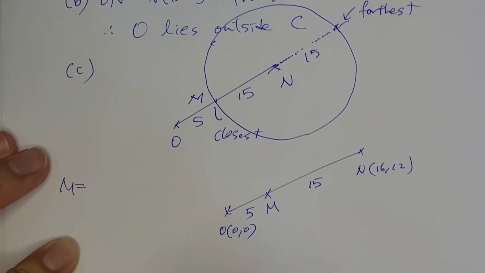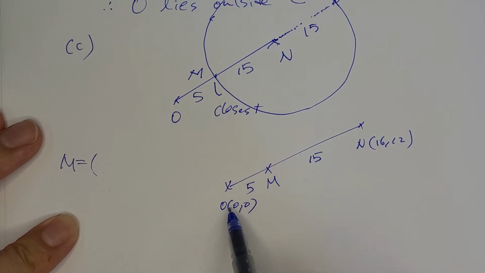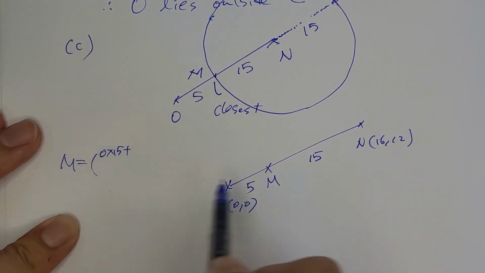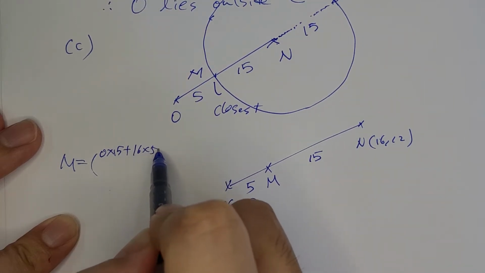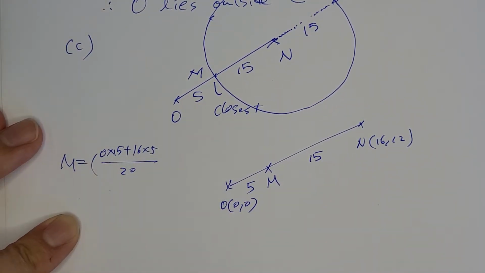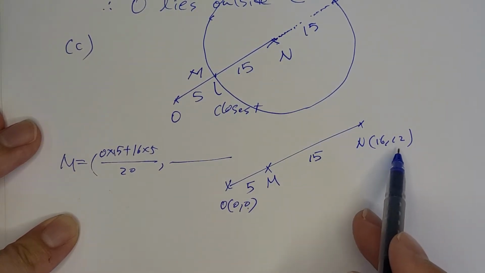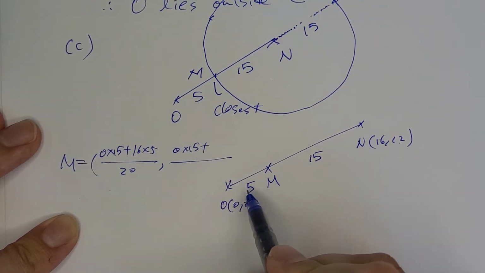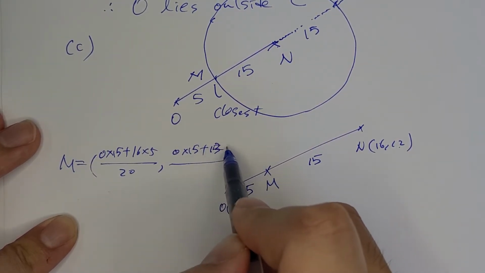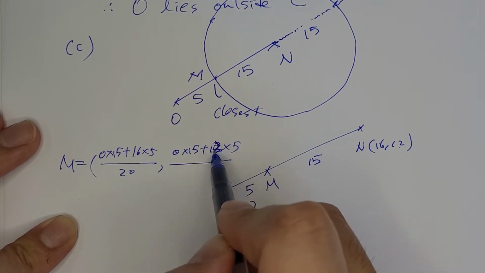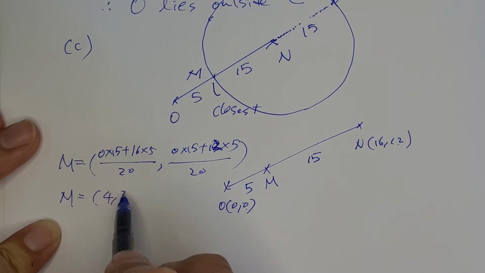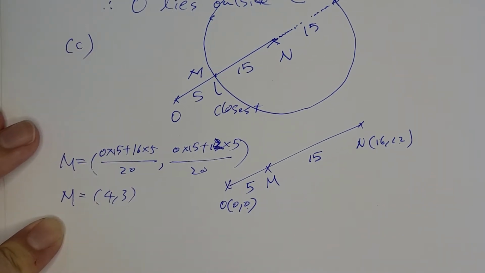M will be equal to 0 times 15 plus 16 times 5 over 20, comma, and then the y coordinate 0 times 15 plus 12 times 5 over 20. So M is 4, 3. Okay?